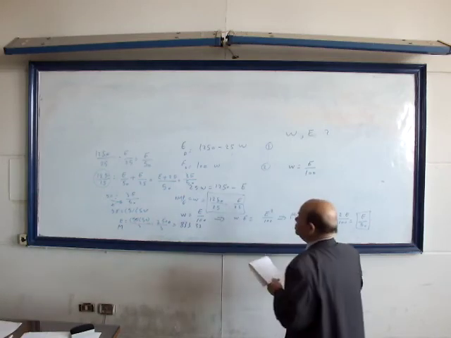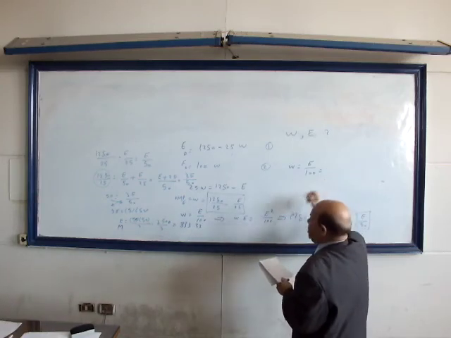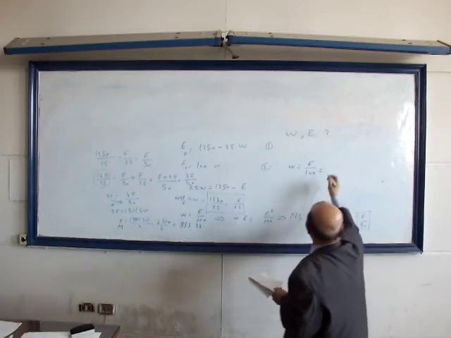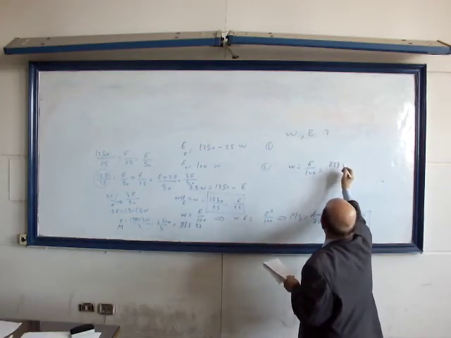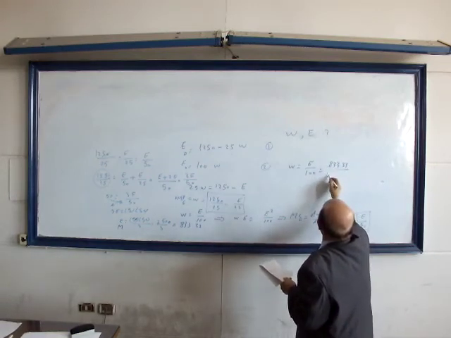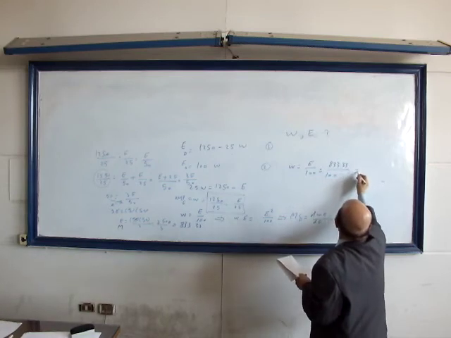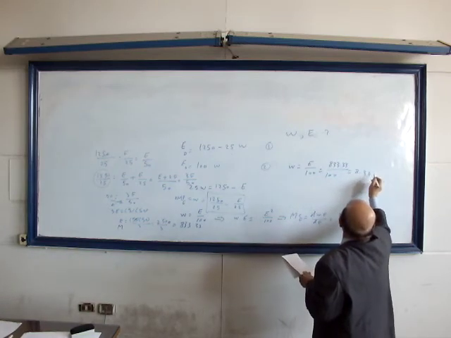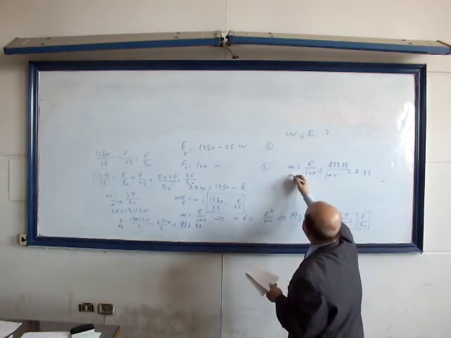Okay, so E is 833.33 divided by 100, you get 8.33. This is your wage.